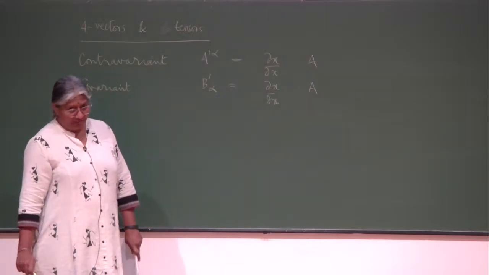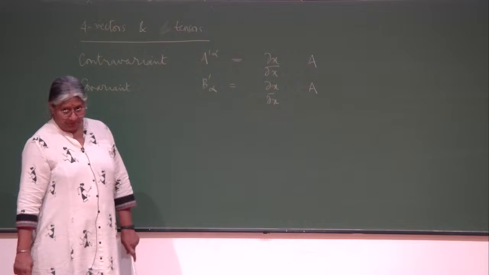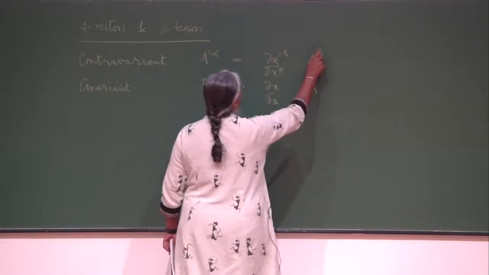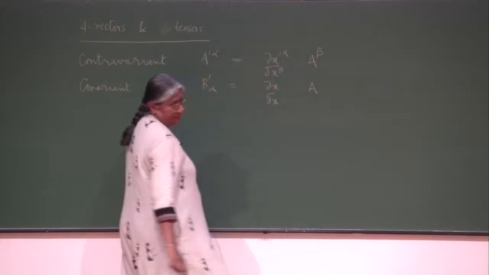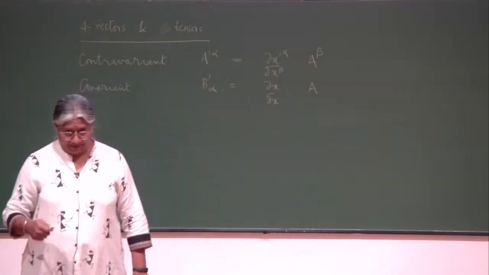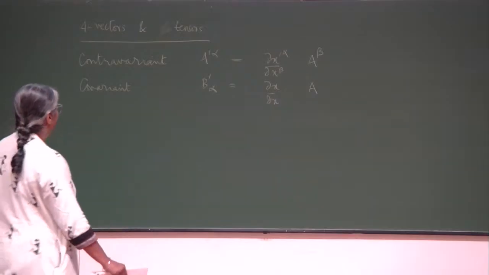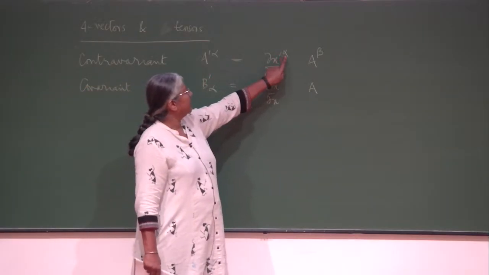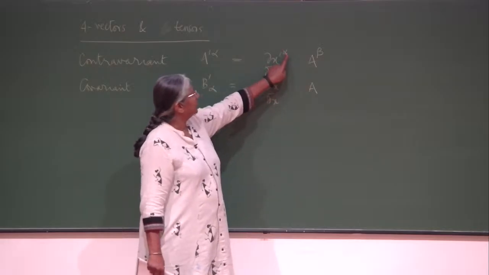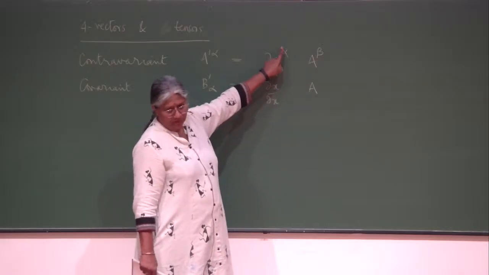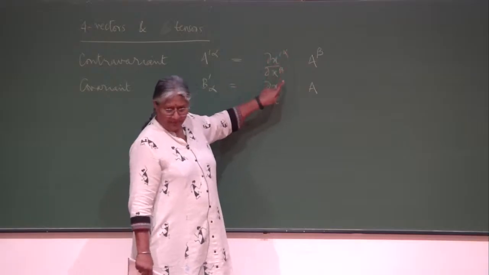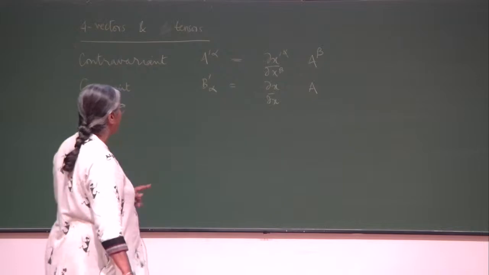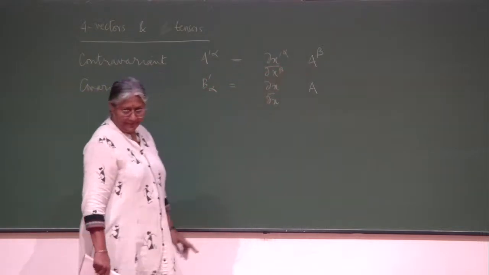If it's contravariant, what will be at the top? X prime alpha, very nice. So this bottom let's just call it beta. Once this is beta, this will also be beta. And you remember that when we have repeated indices, they are summed over, right? That means A0 will be related to dx prime 0 by dx0 plus dx prime 0 by dx1 plus dx prime 0 by dx2 plus dx prime 0 by dx3. I hope this is very clear what we mean by repeated indices. It's not just one quantity, it's a whole series of 4 terms, right?